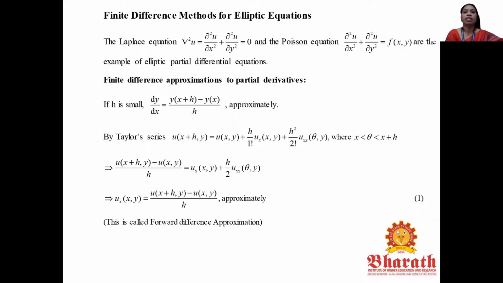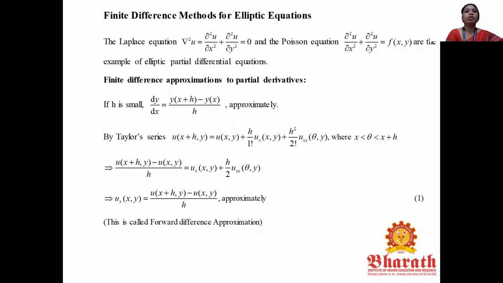So by Taylor series, already we know what is Taylor series, u of x plus h comma y, where h is the small increment given to the x coordinate, is given by Taylor series as u of x comma y plus h by 1 factorial into ux of x comma y plus h square by 2 factorial into u double x of theta comma y, where theta lies between x and x plus h, where h is the small increment given to x.